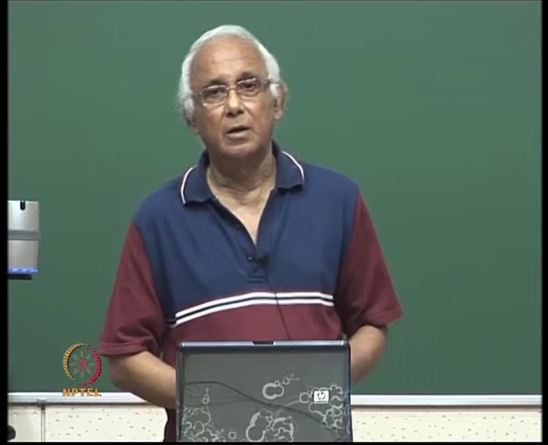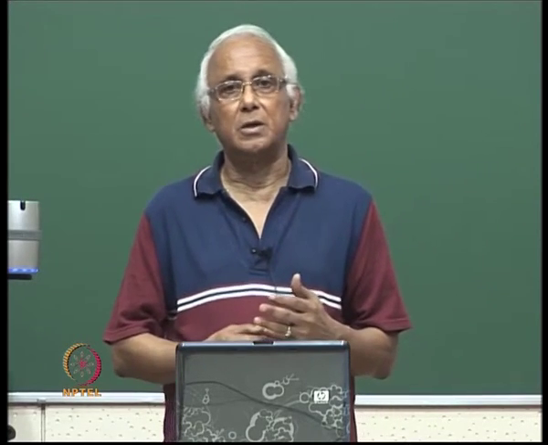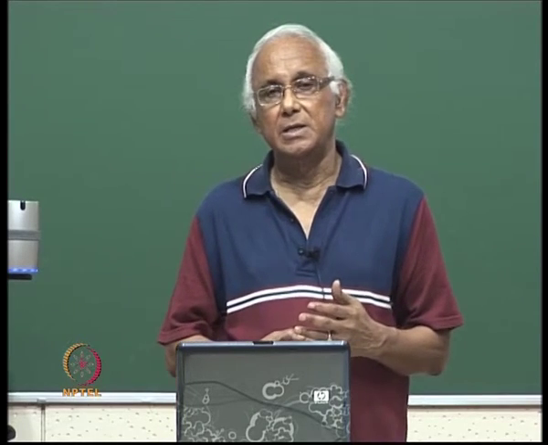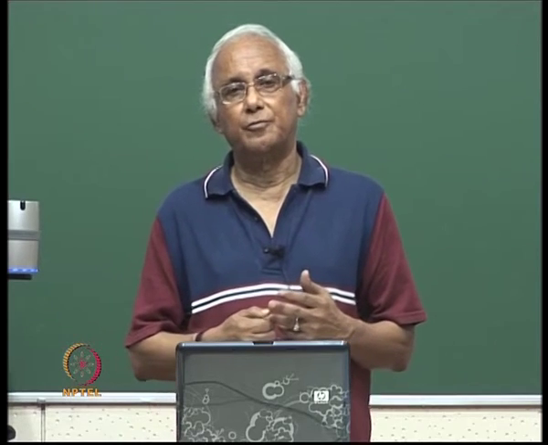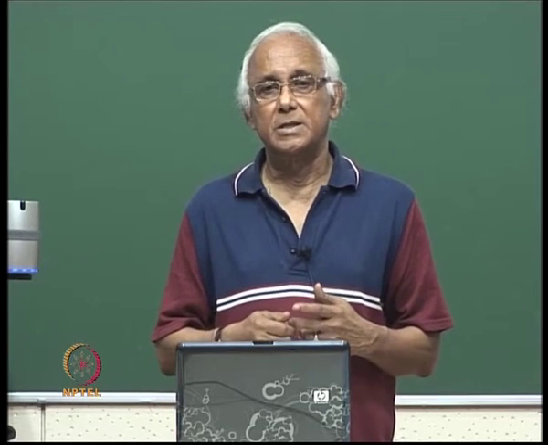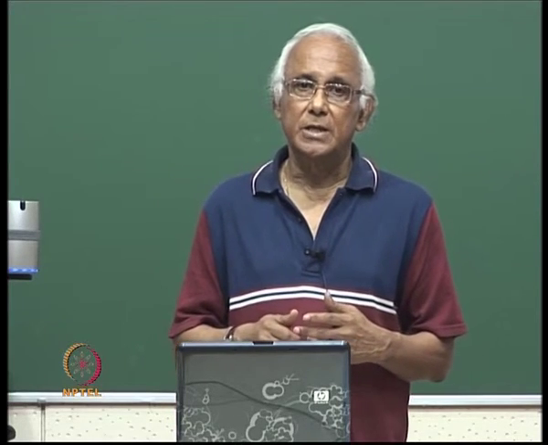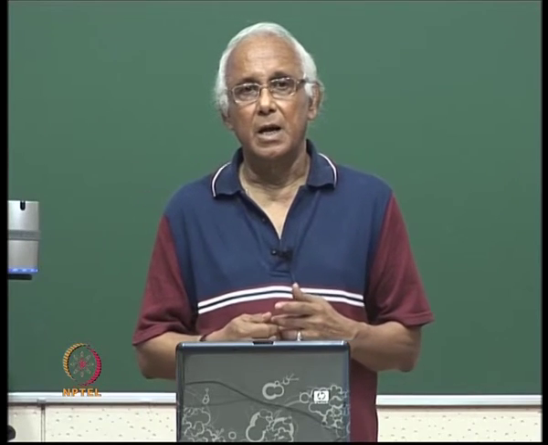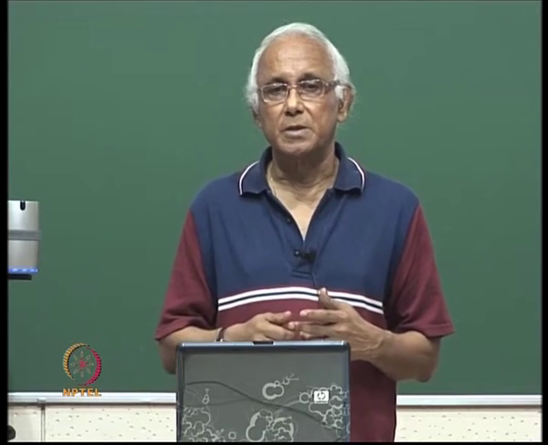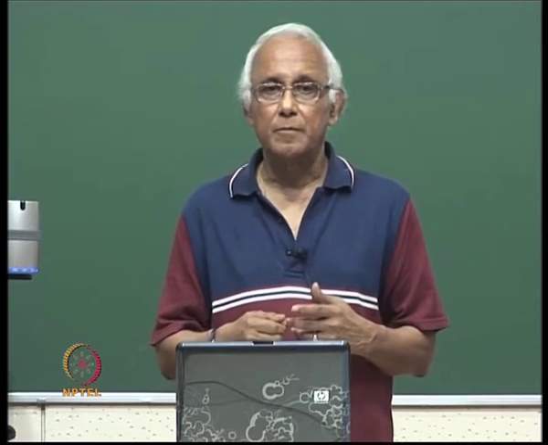So, in today's lecture, what we have discussed is the input for the analysis of structures for earthquakes. These inputs could be of several types, and the one which we use depends upon the type of problem and the analysis that we are doing.